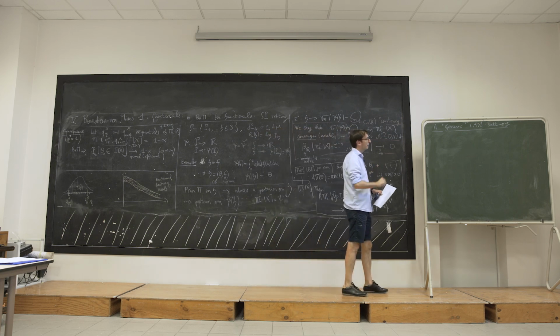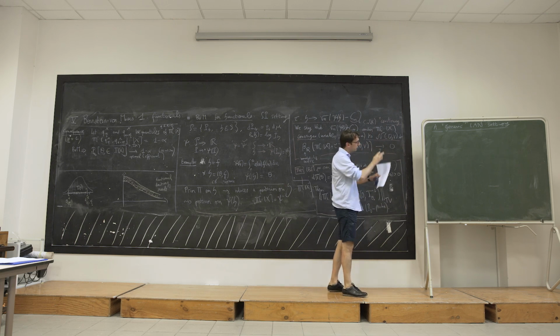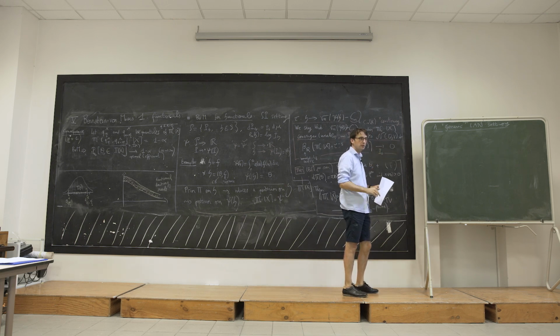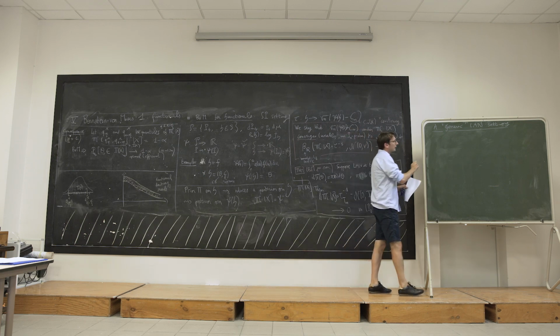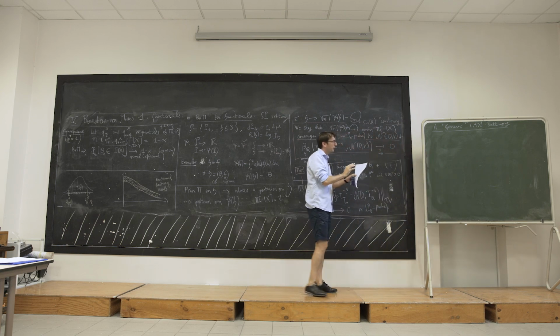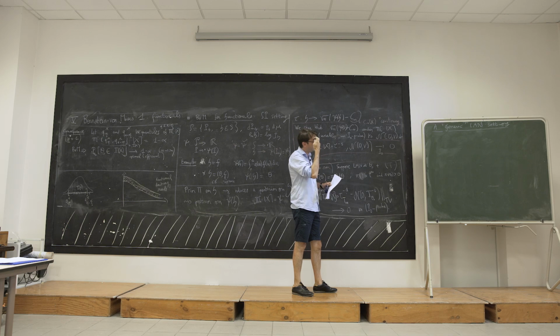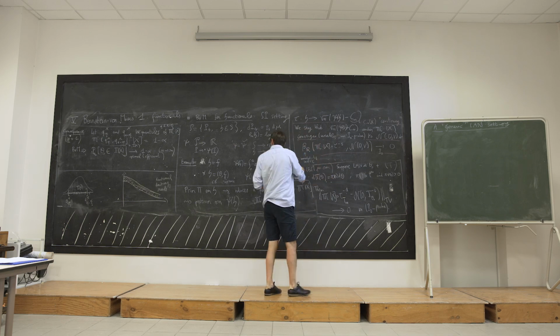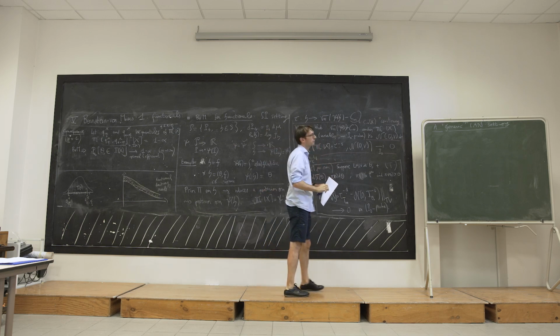But for now, I ask you to trust me on this. It's an abstract set of conditions, and the important thing is to have the idea and to see how it generalizes the conditions we had for the parametric BvM for now.